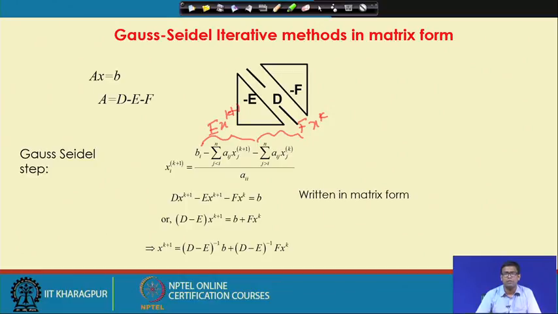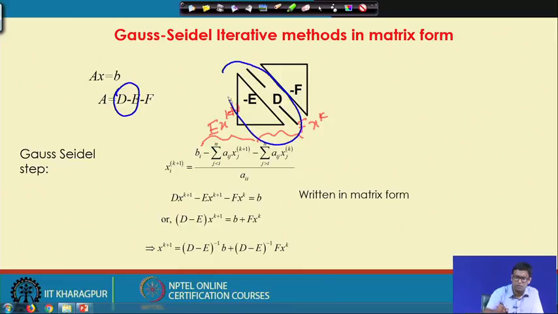Again, if we look into matrix form, this is inverting a lower triangular matrix, because this D minus E gives me a lower triangular matrix L. So, inverting a lower triangular matrix is also not very difficult, and that is how we can get this step done easily also.